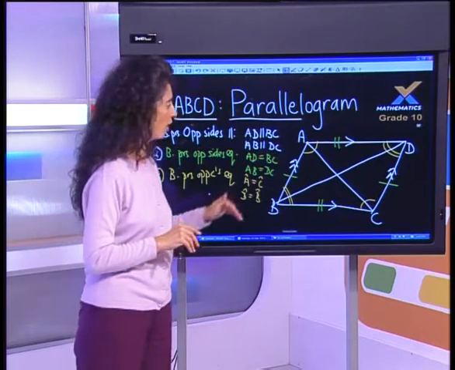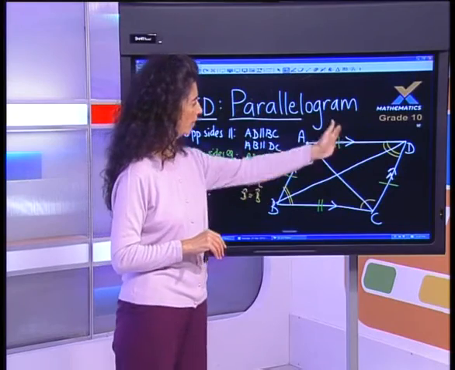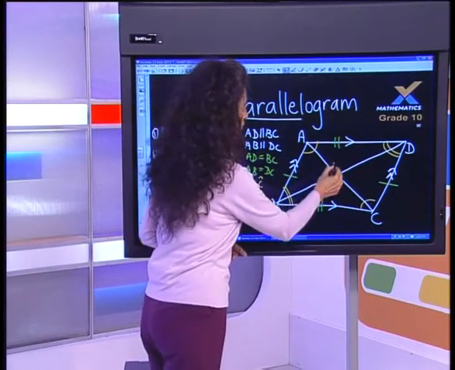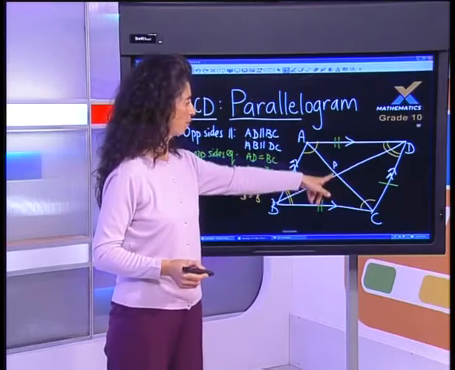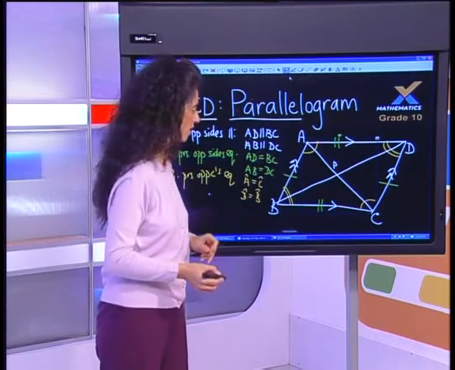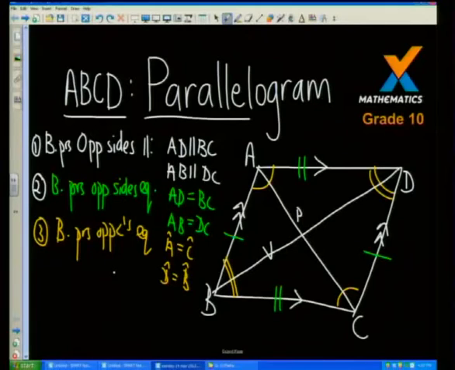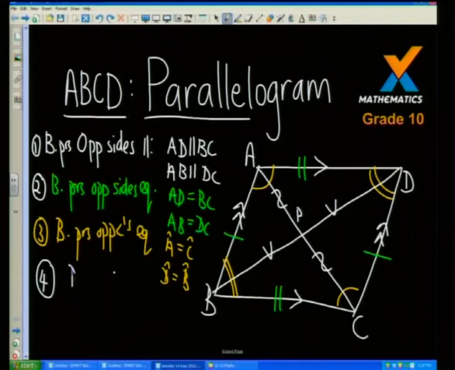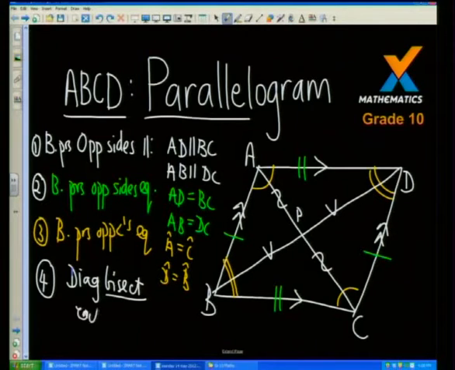However, if you actually had to fold your figure along AC, you'd find that B to, let's call that P, B to that point P is the same as P to D. So we talk about that length being the same as that length, and this length here being the same as that length. So we say that the fourth property is something about the diagonals, and we say that the diagonals bisect each other.